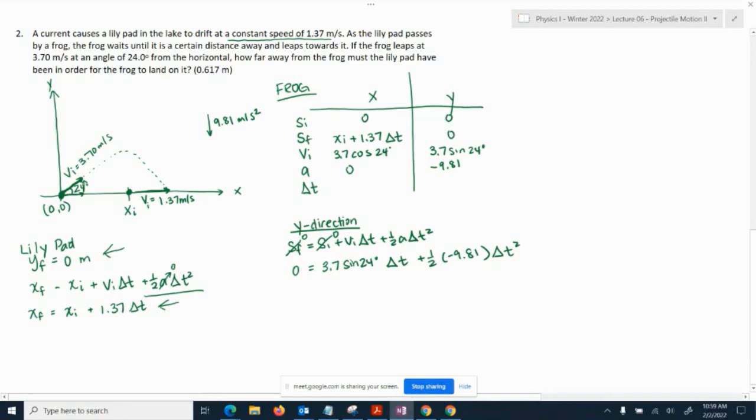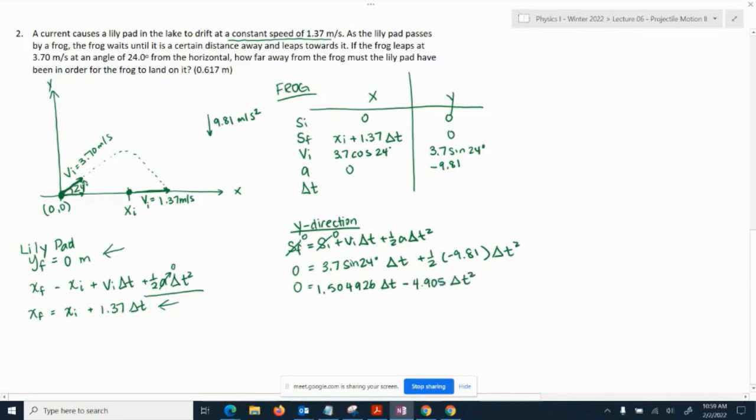We have 3.7 sine 24, and make sure your calculator's in degree mode. And we have 1.504926 delta t minus 1/2 times 9.81, which is 4.905, delta t squared.